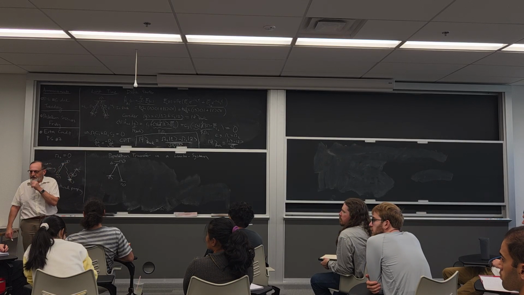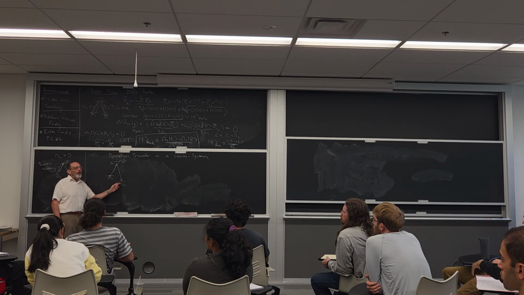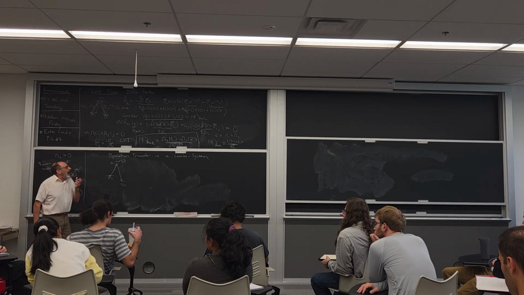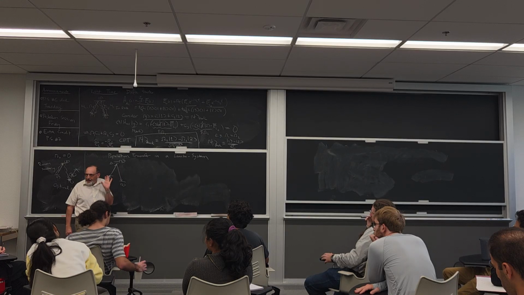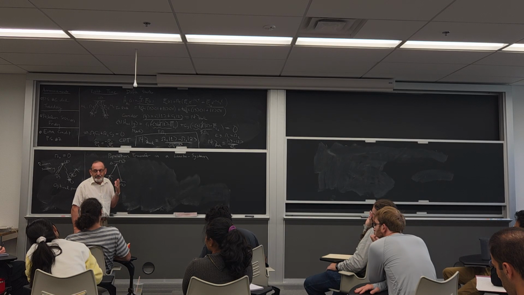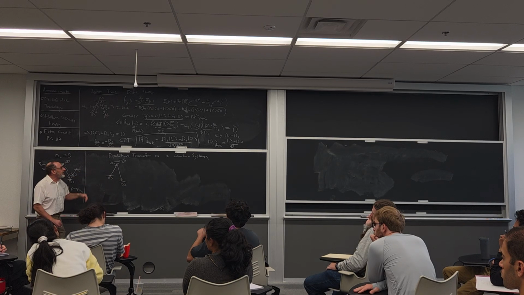Yes, Tristan? Are we intentionally saying little delta is 0 here? Yeah, because in this case, I want to put all the population here, okay? And I want to do it in a way that I don't heat up the atom very much. I don't want to have spontaneous emission, right? So I'm going to detune far from the excited state.